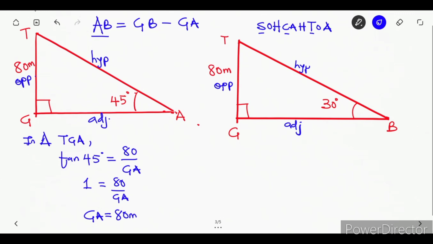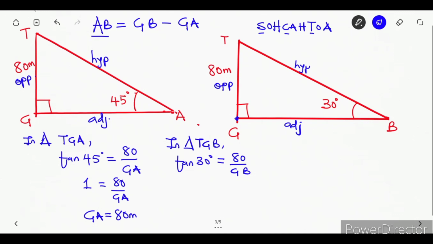Here comes GB. In triangle TGB, my opposite relates to adjacent, so I'm still using tan. That's tan 30 degrees equals 80 over GB. Now I will use my calculator yet again to find tan 30 degrees, and I'm going to take the short form of it.